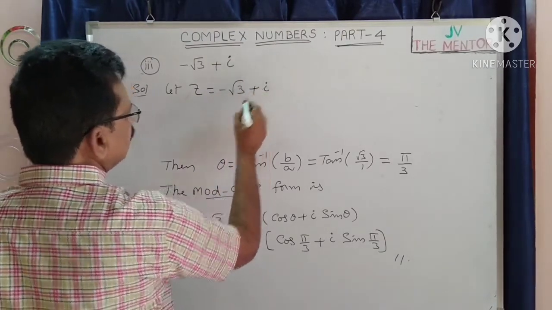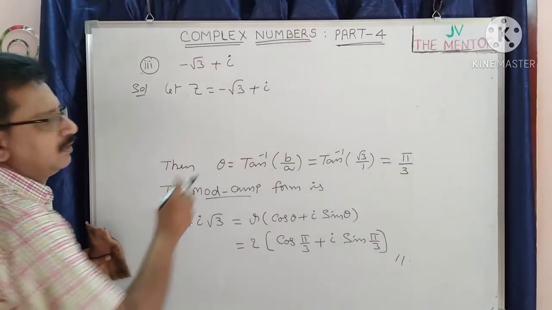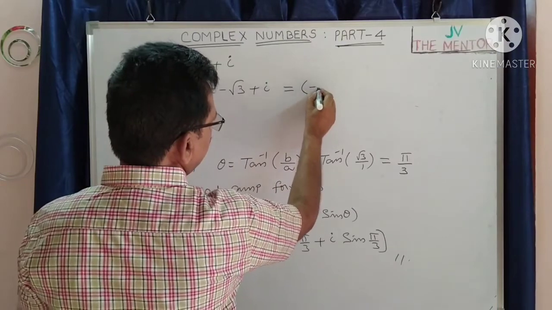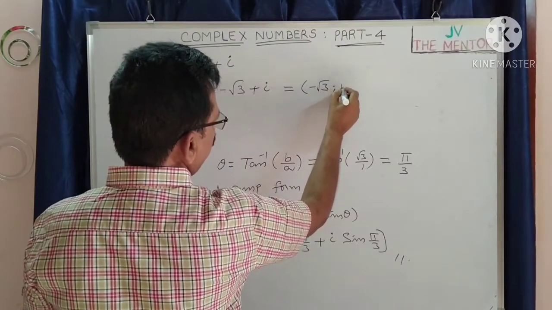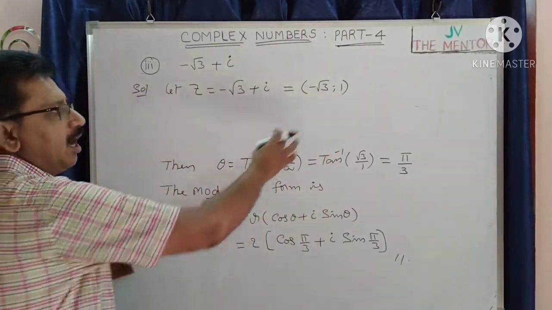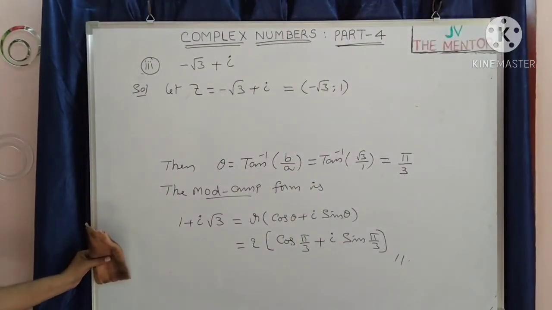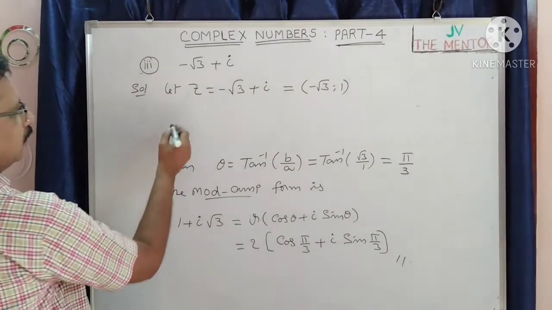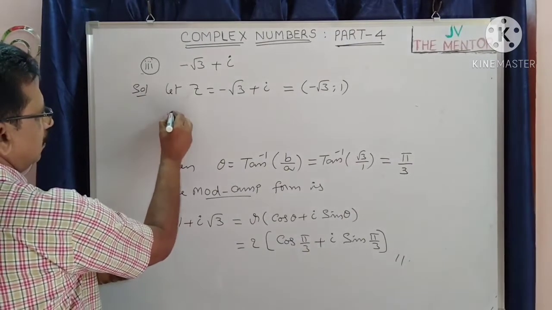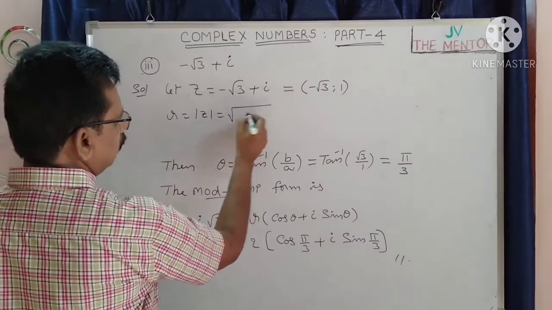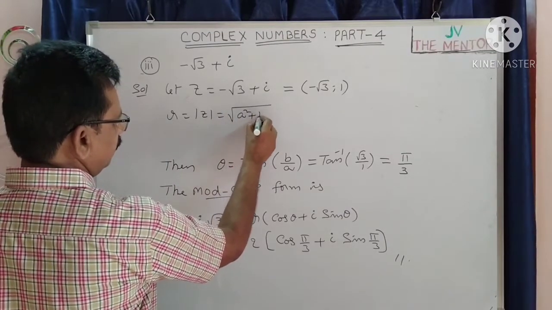What is the coefficient of I? 1. In ordered pair form it is minus root 3 comma 1. This is the ordered pair form. Now we find R. How to find R? R equal to mod Z. Mod Z equal to root of A square plus B square.